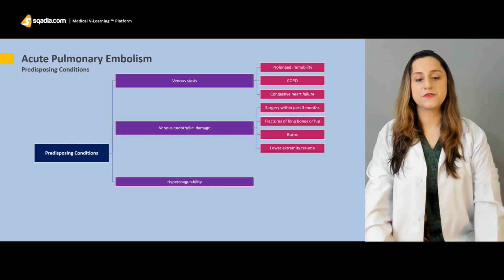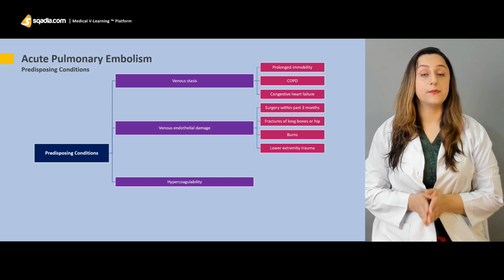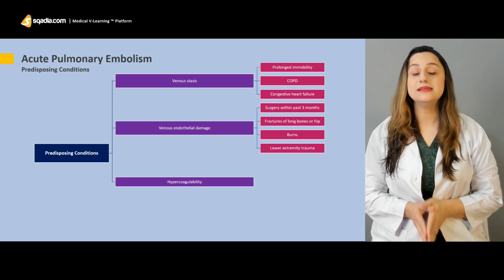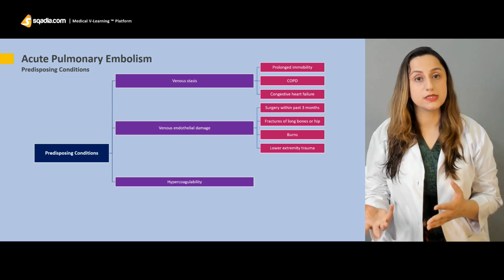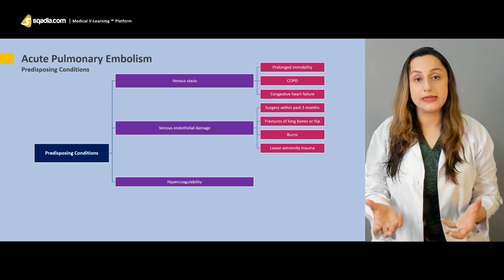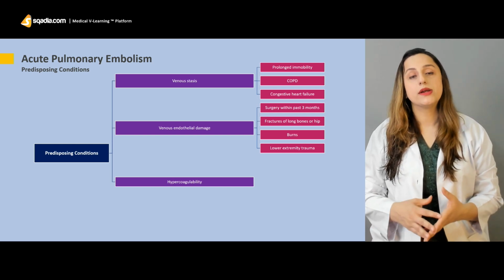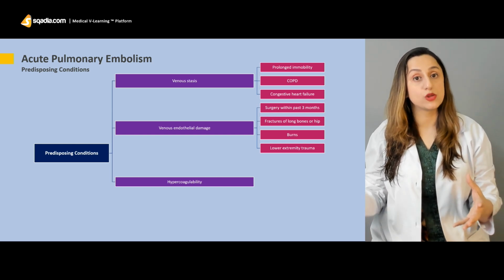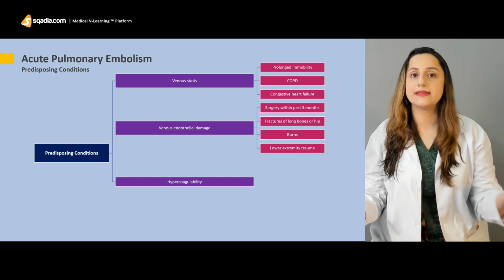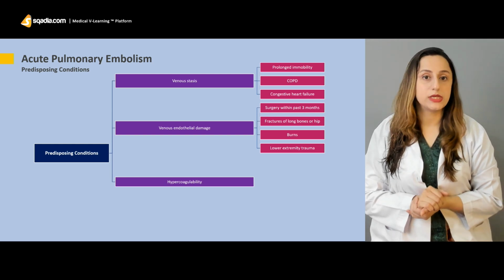And then specifically, we have the states of hypercoagulability. So there can be blood disorders. The blood itself can lead to these kinds of disorders of hypercoagulability, which again leads to thrombus formation, or the emboli can then form from these thrombi when they are getting dislodged from the peripheral circulation. Then they are ultimately resulting in pulmonary embolism.